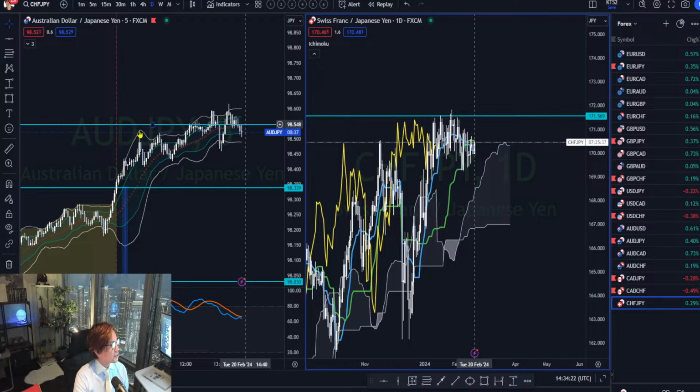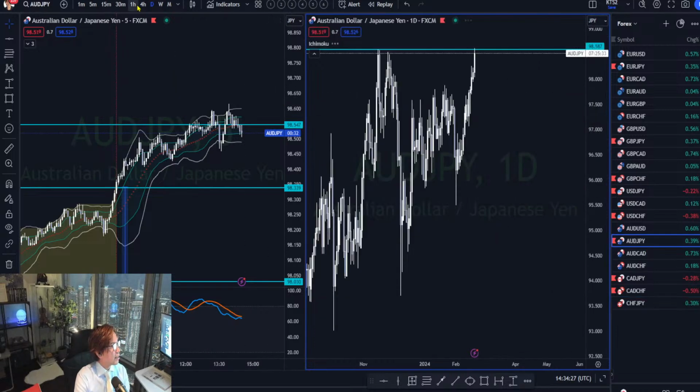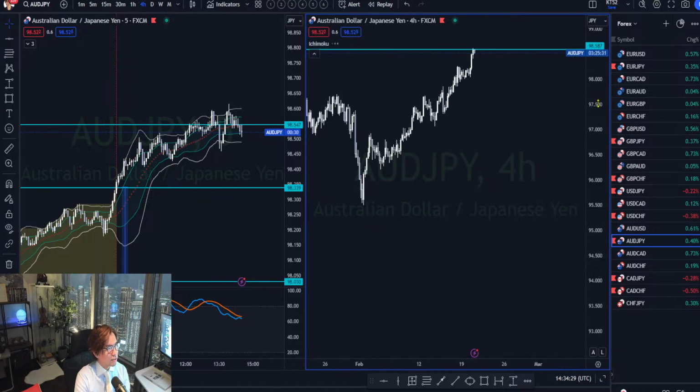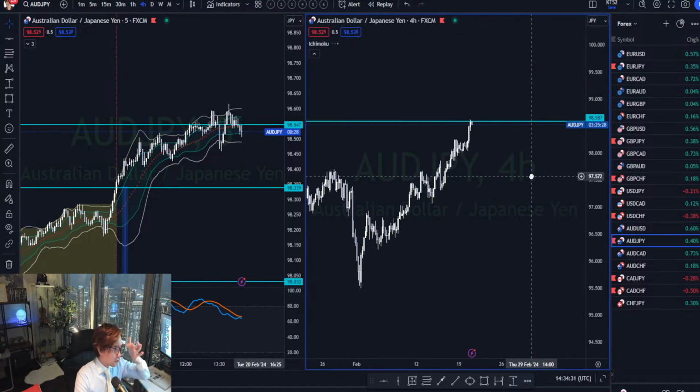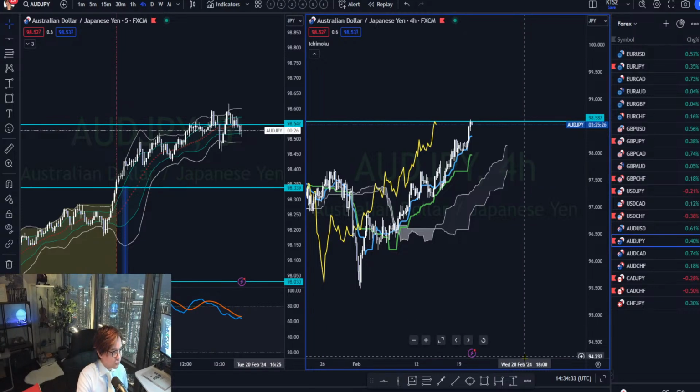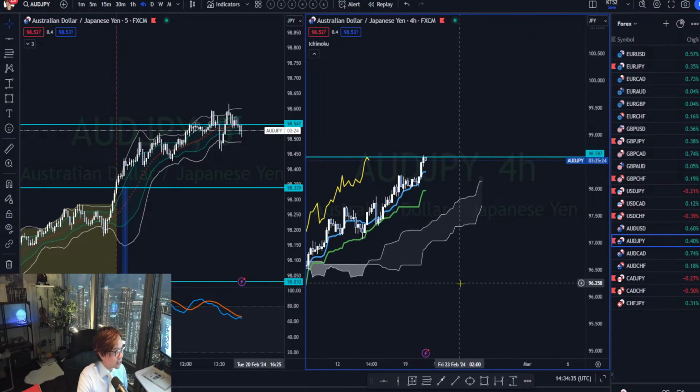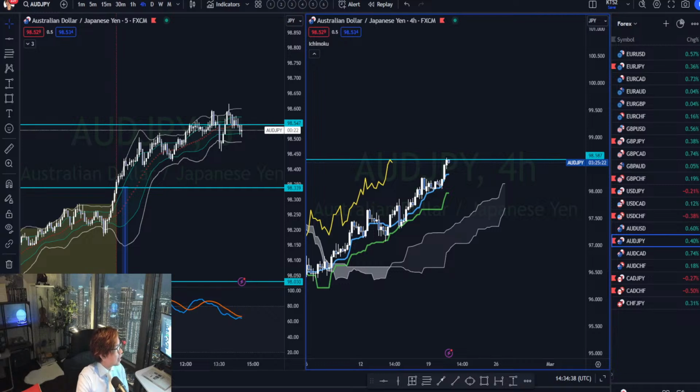So coming back to the AUDJPY trade, again AUDJPY, I took the trade today because 4 hour was bullish when I took the entry, but now 4 hour Senko span A and Kijun Sen are flat.